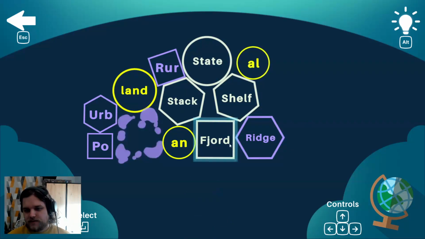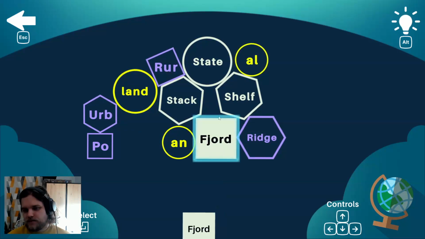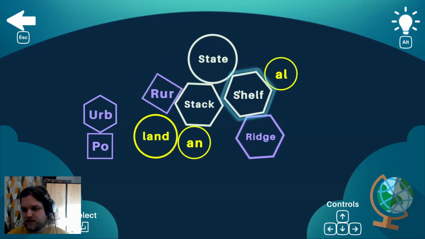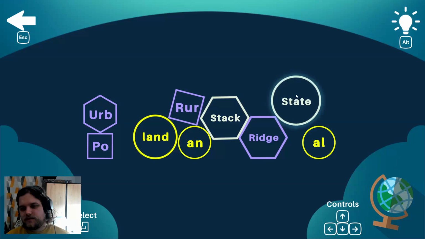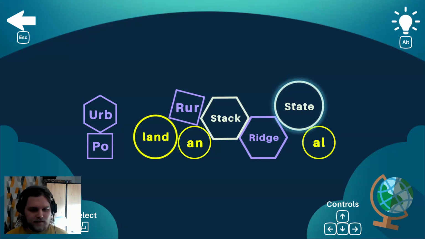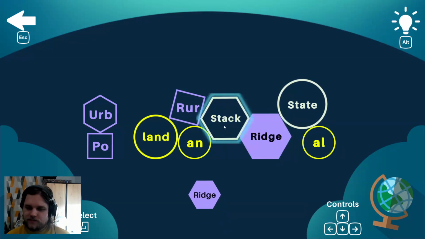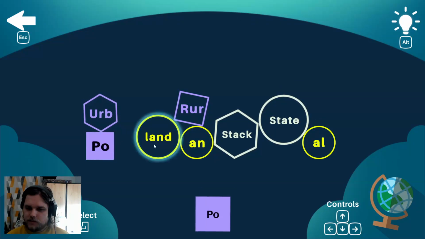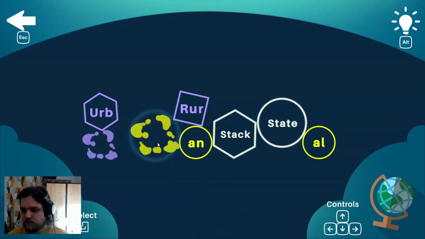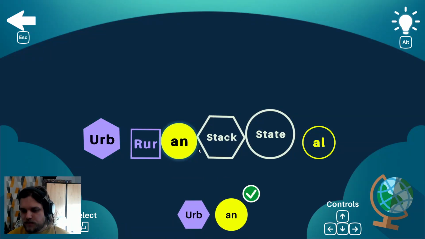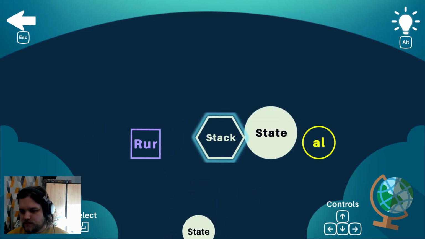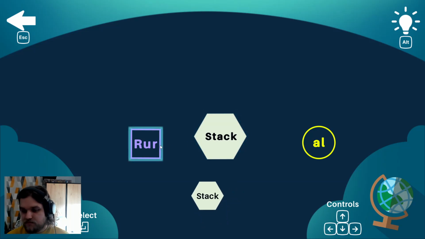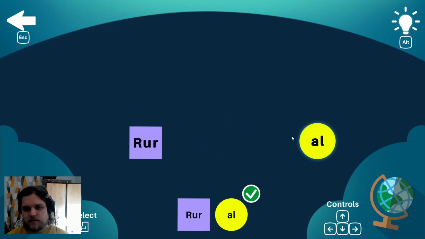Africa. Fjord. First level. Easy to start with, not a lot of longer syllable-based words. Poland. Urban. State. Black. Rural.